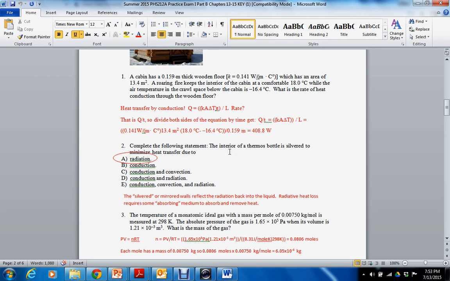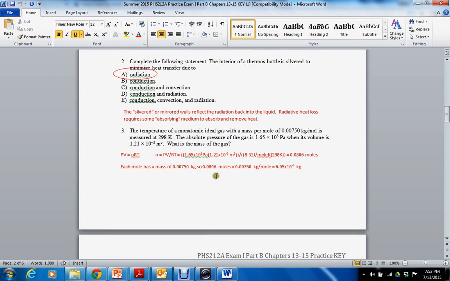If you're going to lose heat by radiation, you would lose it by it being absorbed into some other material, like your black car parked in the sunny parking lot absorbing solar radiation and heating up. Whereas if you had a mirrored surface, it reflects the radiation heat back off again. So that's what goes on with a thermos bottle.